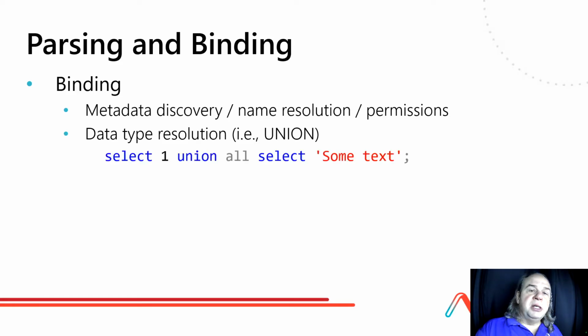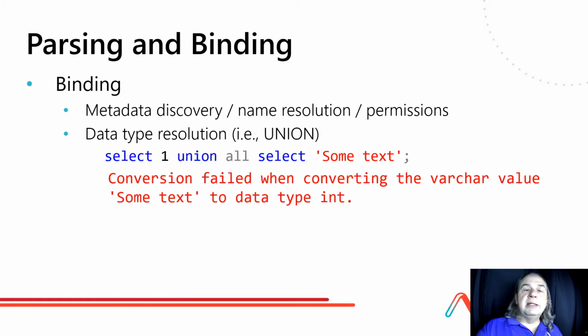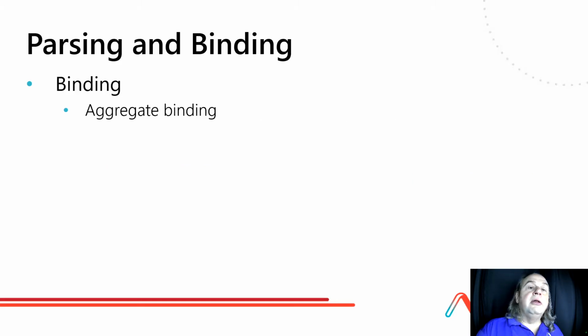So consider this union statement right here. Now, you know that select one is an integer, and select some text is a string. And those two data types are incompatible. So we will get this error message right here pretty much right out of the bat because of that data type resolution that's going on.